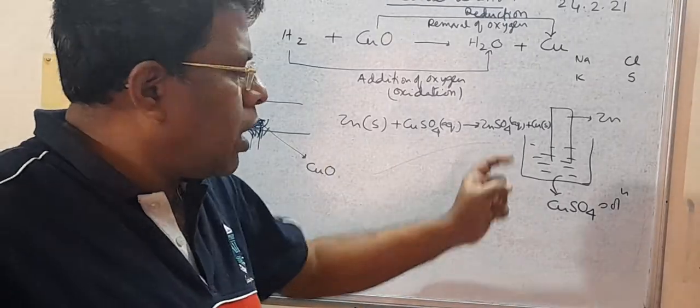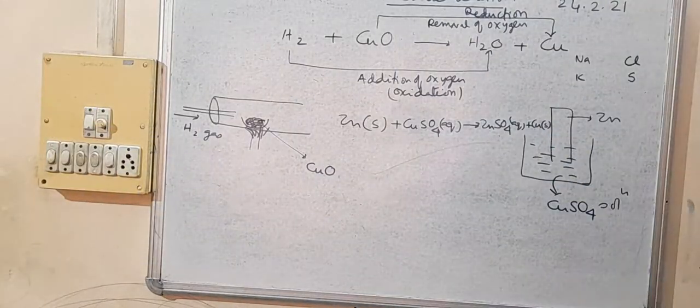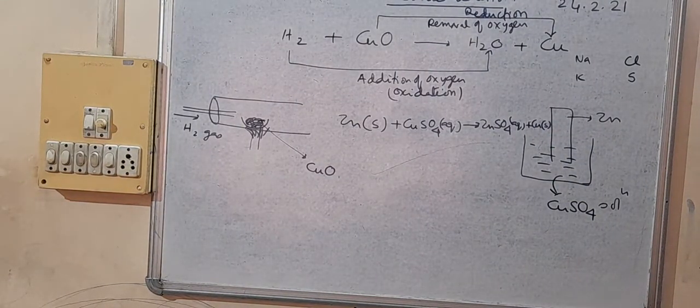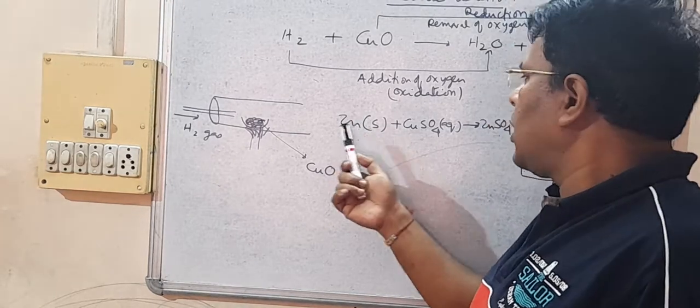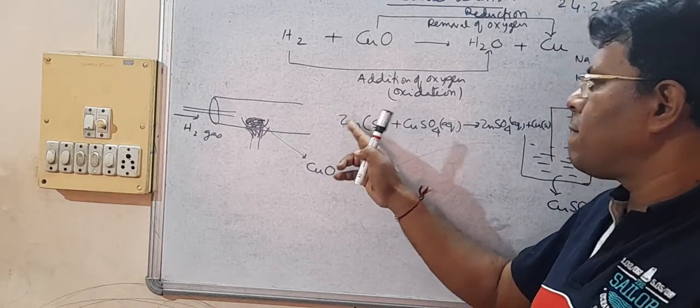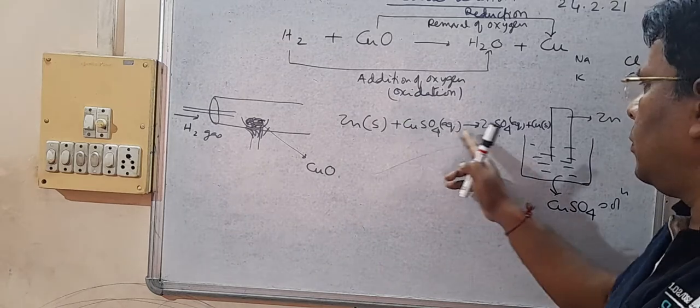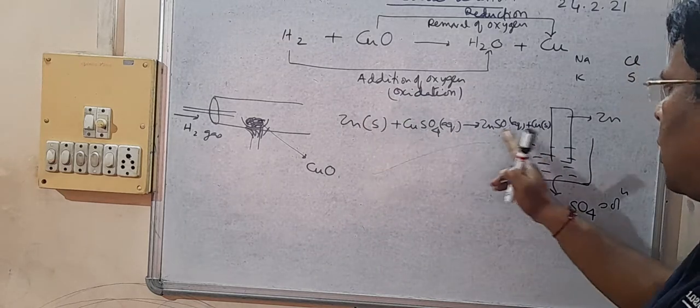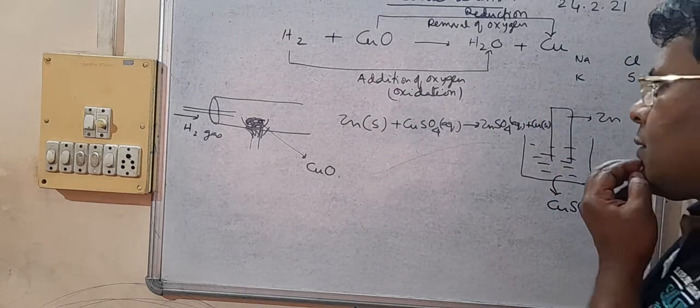So this is a reaction that happens. You have read in class 10 that zinc is a metal more reactive than copper. That's why zinc will displace copper, and that's why this reaction happens.